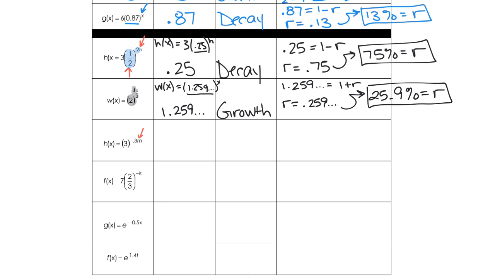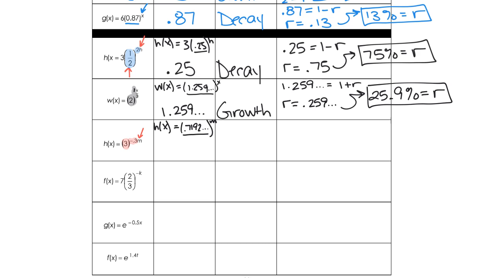But if I go ahead and take that negative 0.3 and I take the base of 3 and raise it to that negative 0.3, I'm basically rewriting the equation into an equivalent form that would be h of x equal to 3 raised to the negative 0.3, which gives me 0.7192... raised to the m.